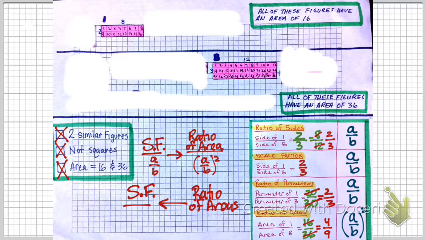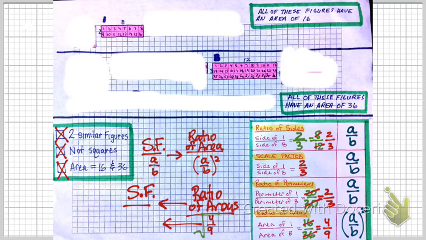So in our problem, we had 4 to 9, and we wanted to turn it into the scale factor. Instead of starting from the scale factor and squaring it, we have to do the opposite, which is take the ratio of the areas and square root it.